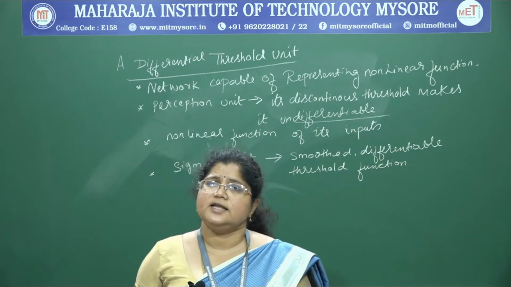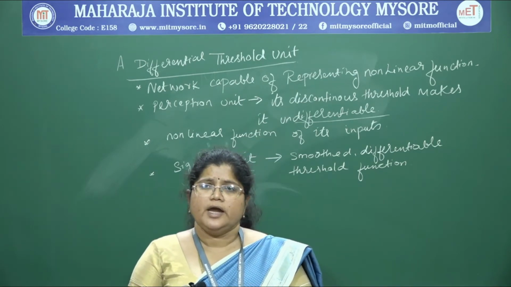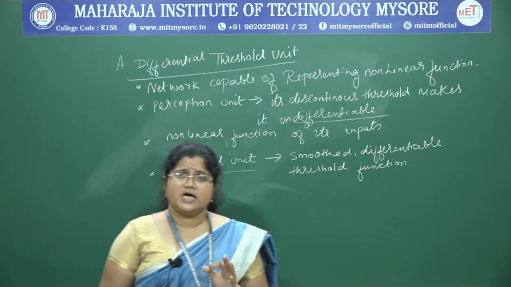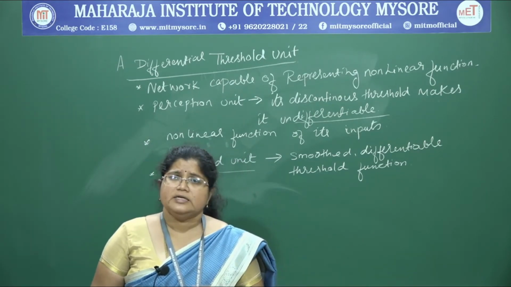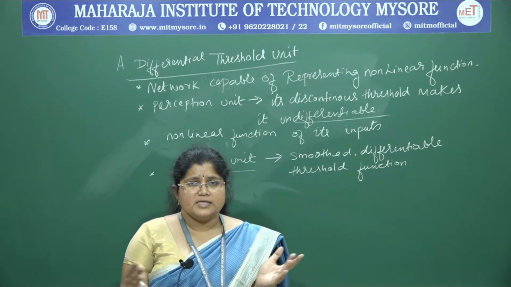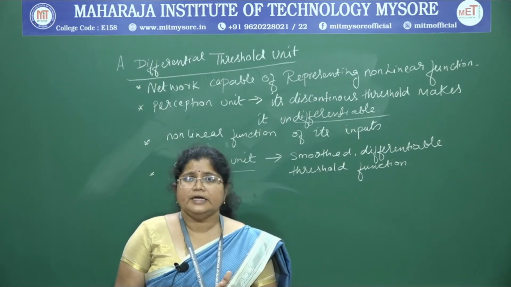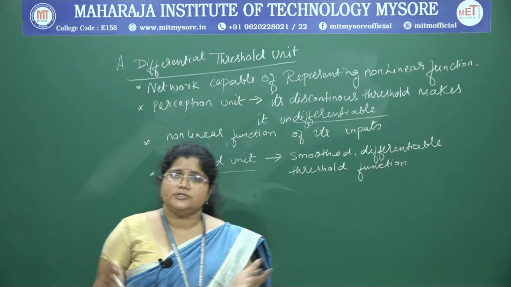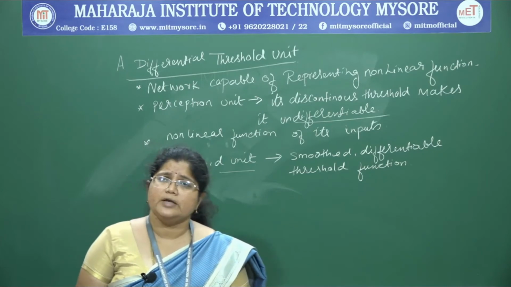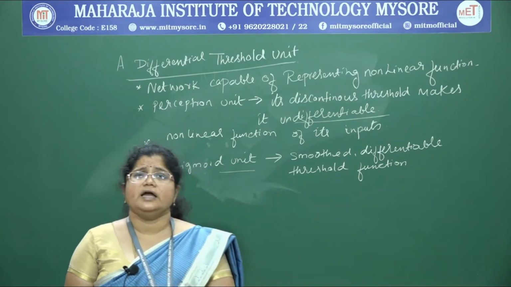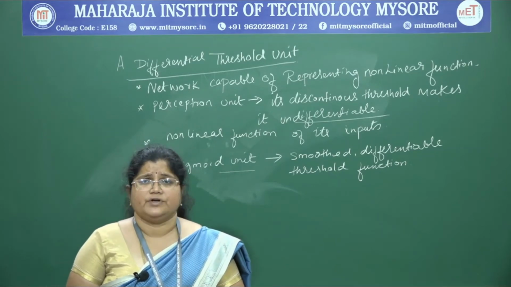It is also just like a perceptron unit. It performs two tasks. The first task is just similar to that of a perceptron: it combines the input values and performs the linear operation, and then next it applies the sigmoid function.